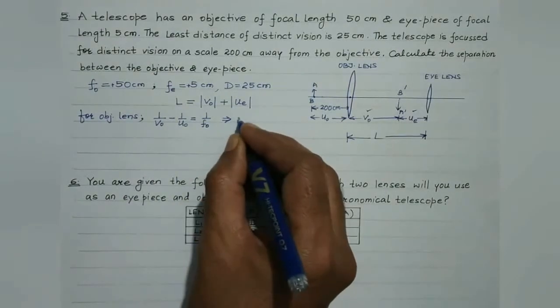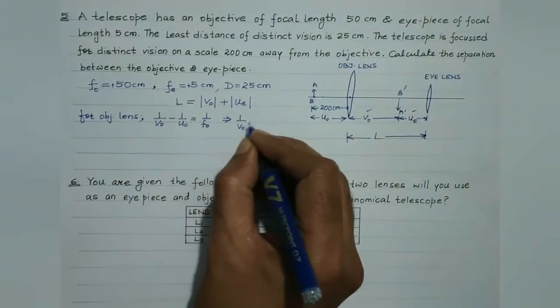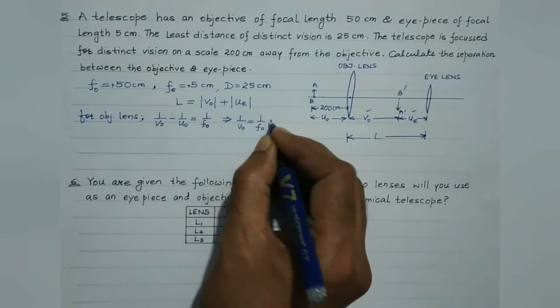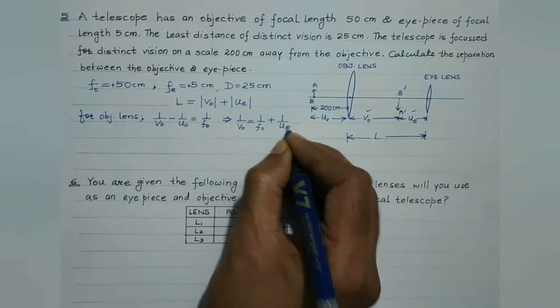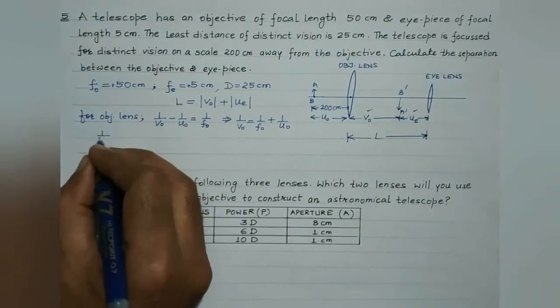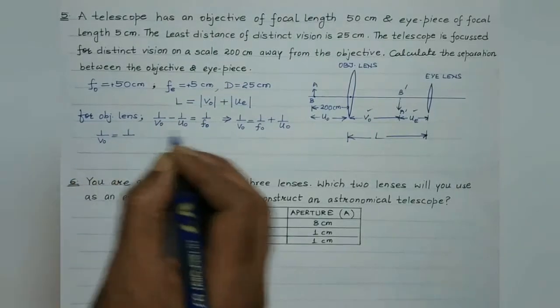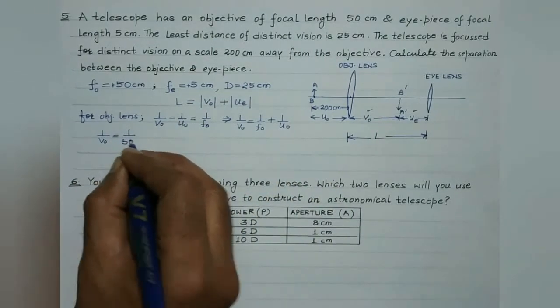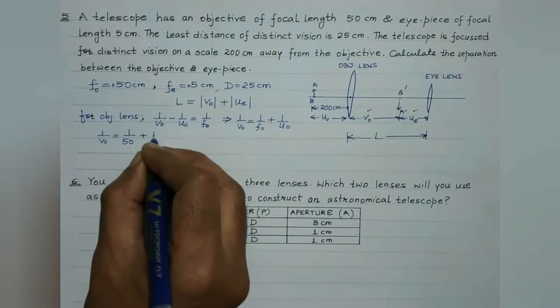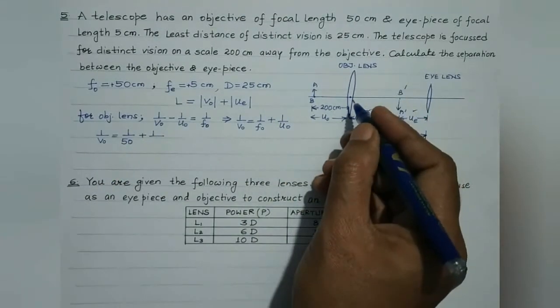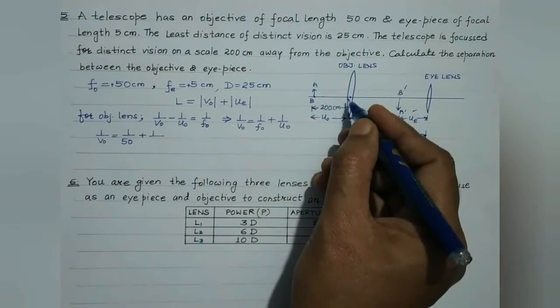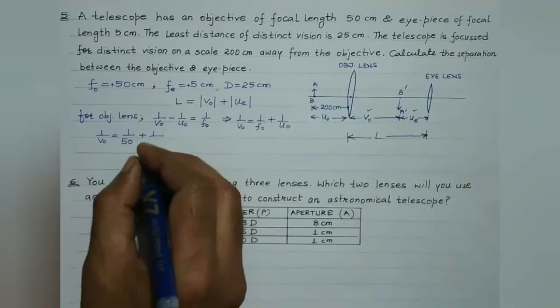So we get 1 by V0 is equal to 1 by F0 plus 1 by U0, which will give us 1 by F0 is 50 and U0, if you apply sign convention, would be measured against the direction of the incident ray, so it has to be taken as negative.